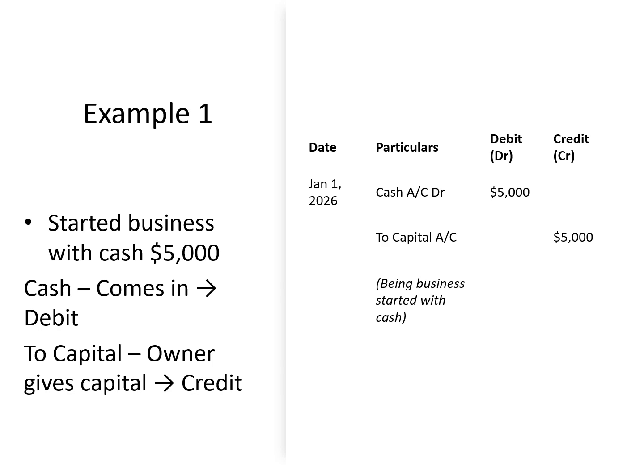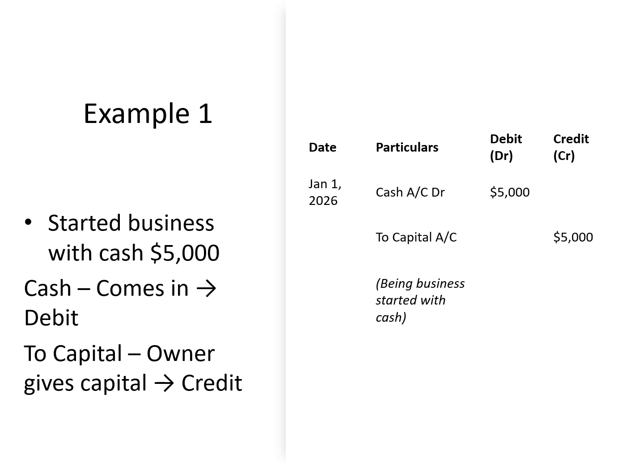Step 2 says we should classify them. Is it personal, real, or nominal? Cash we know is real from our previous explanation, and capital we know is personal. So we apply step 3, which says we should apply the rules.